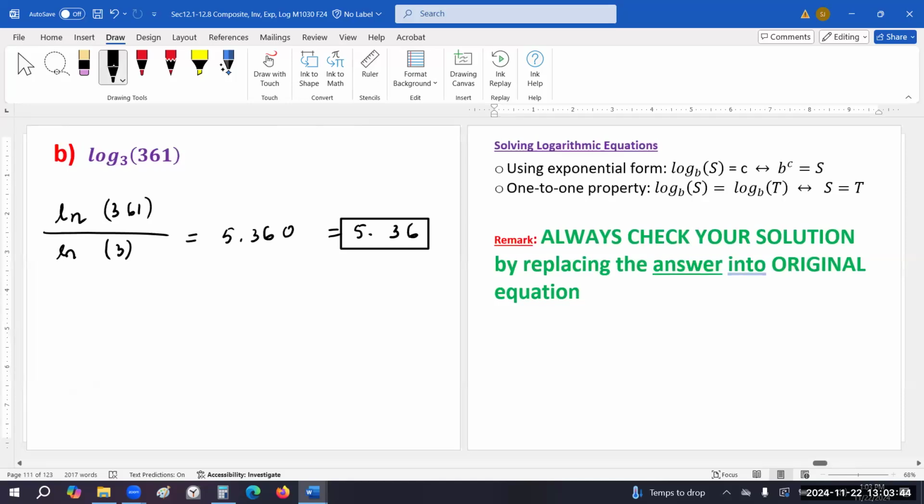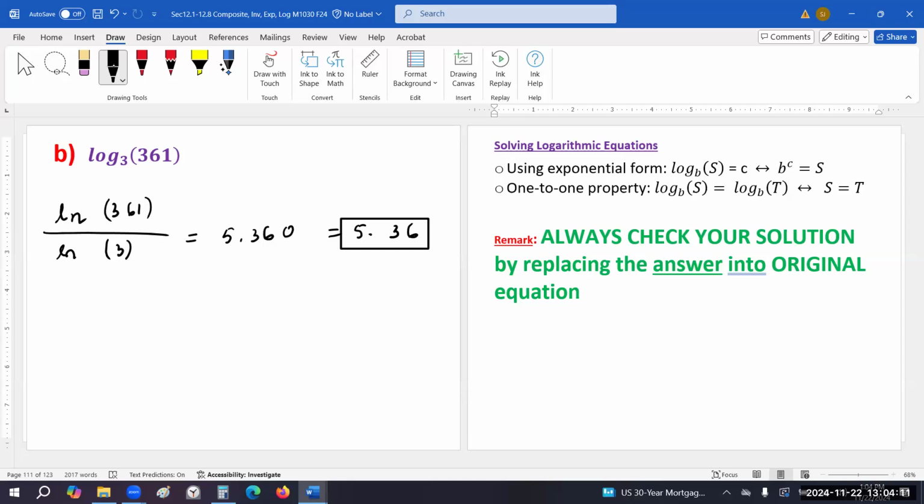Now let's go to the last topic of the log: solving logarithmic equations. Just like exponential equations, where we work with 5 types, here we have only two types of logarithmic equations.